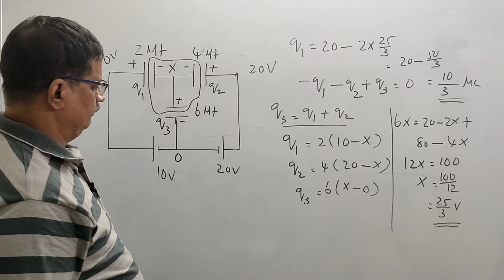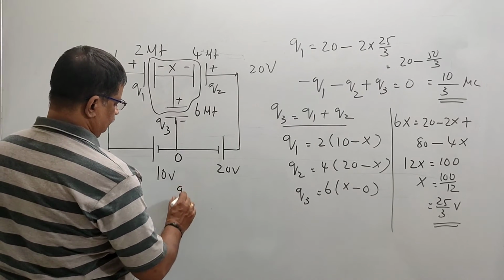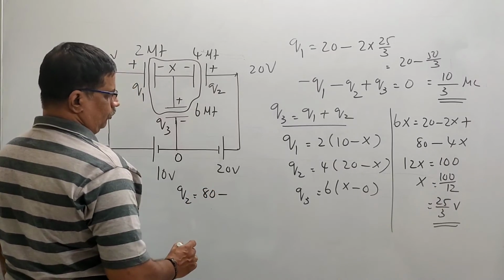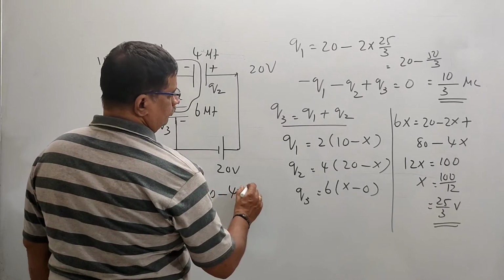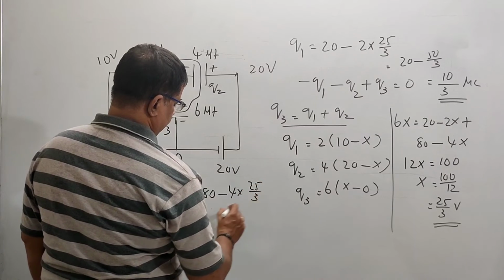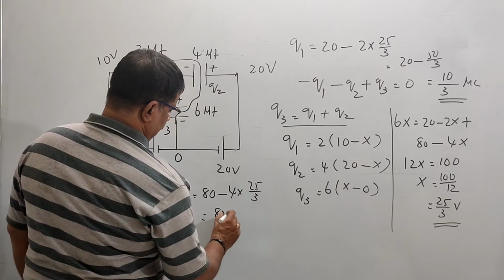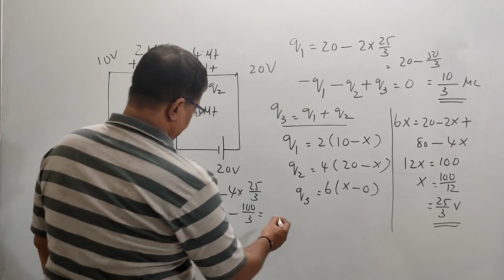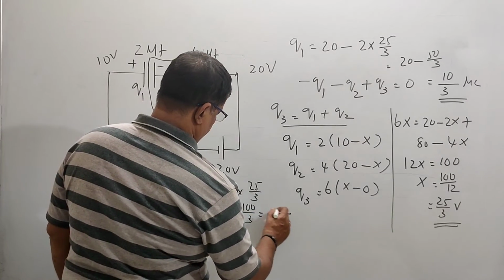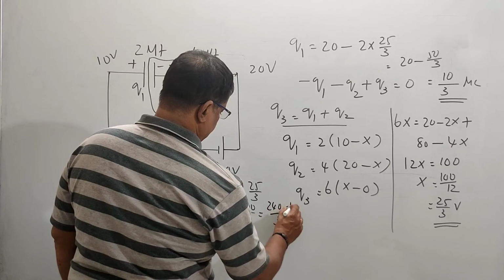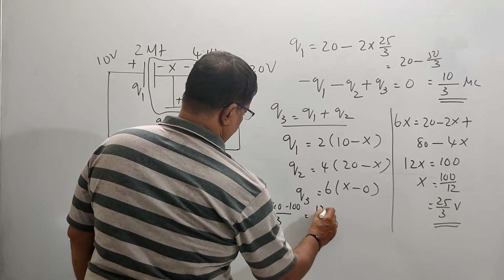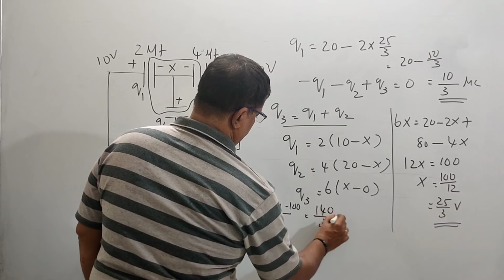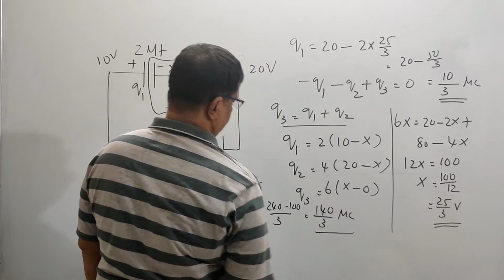Now let us find Q2. Q2 is 80 minus 4x, 4 into 25 by 3. So this is equal to 80 minus 100 by 3, which is 240 minus 100, equal to 140 by 3. So this is 140 by 3 microcoulomb.